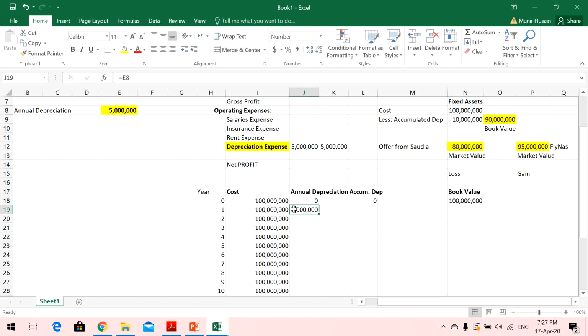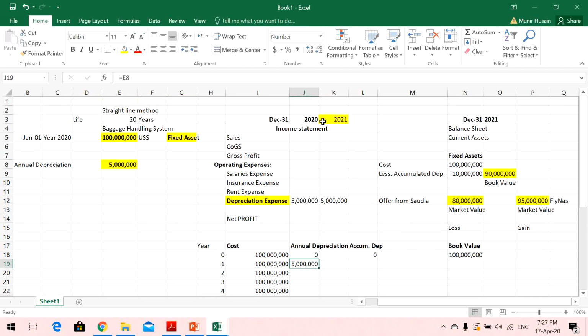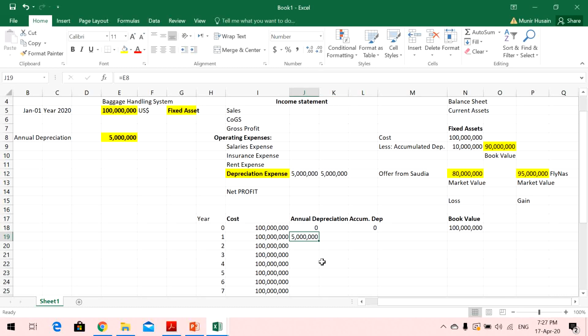Now next, at the end of year 1, this is the end of our year 1, which is 2020. So what is the depreciation expense? It is 5 million. This is how we calculated. What is our total depreciation at year 1? Only 1 year has passed so far, so it is the same amount.